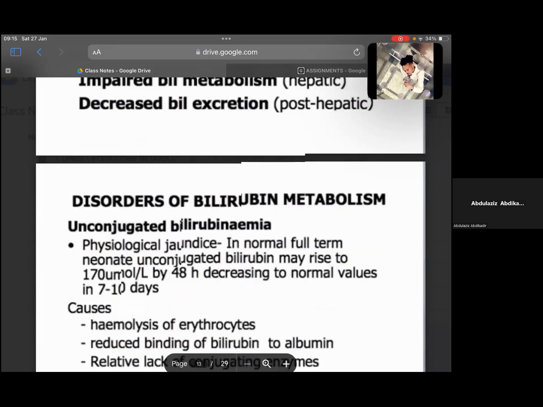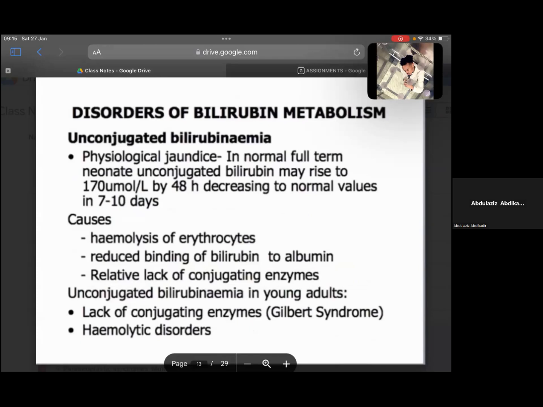So we divide them into two, the unconjugated and the conjugated. So unconjugated is normally because of hemolysis. The unconjugated is also because of reduced binding of bilirubin to albumin. Then there's this very unique disease, the Gilbert syndrome, the lack of the conjugating enzymes. So remember, the bilirubin comes from hemoglobin and myoglobin, then comes by albumin, then it is received by the intracellular proteins via the ligands and the Y proteins, then it is conjugated.